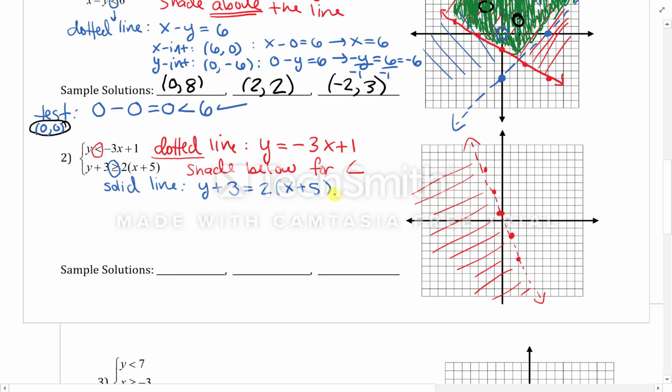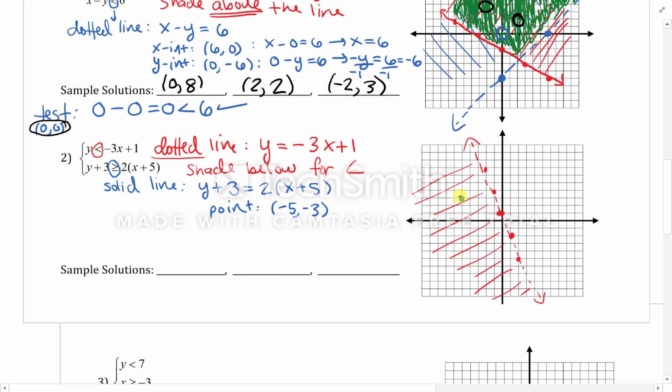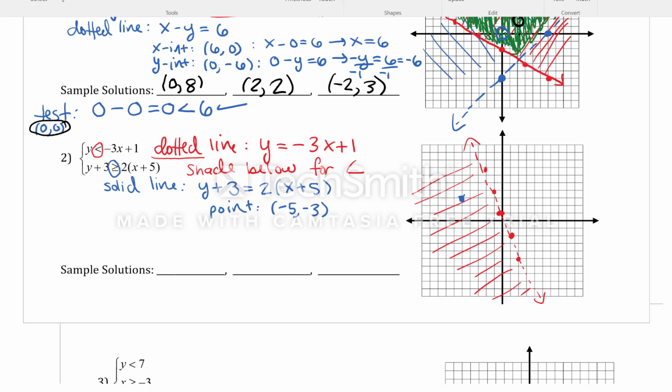And this is in point-slope form, so I can know, because of the form it's in, that one point on the line would be negative 5 for x and negative 3 for y. So I'll plot that point. 1, 2, 3, 4, 5, 1, 2, 3. Negative 5 for x. Oops, I messed up. Let me just get that out of there.